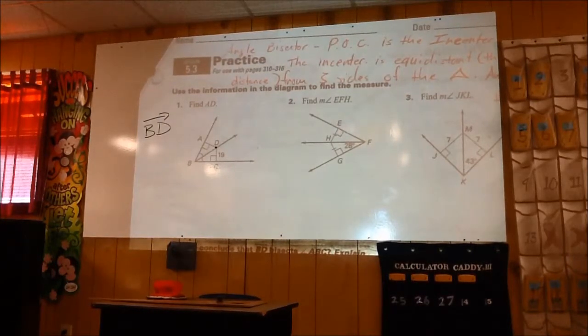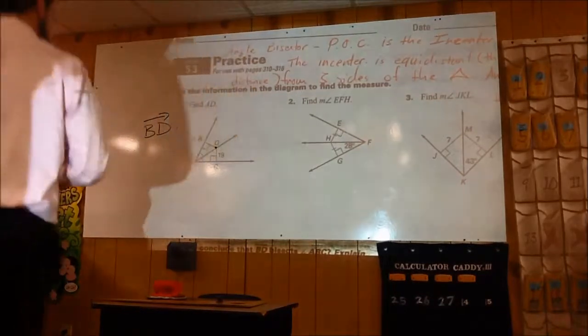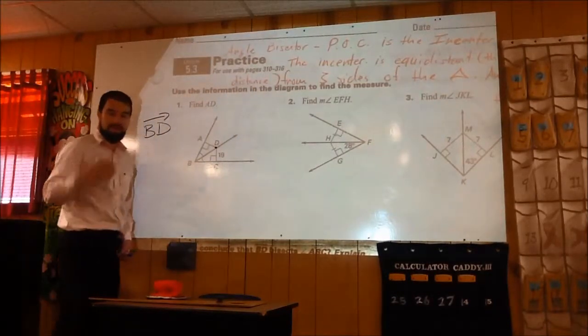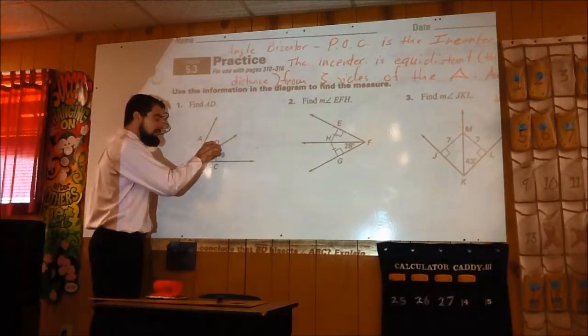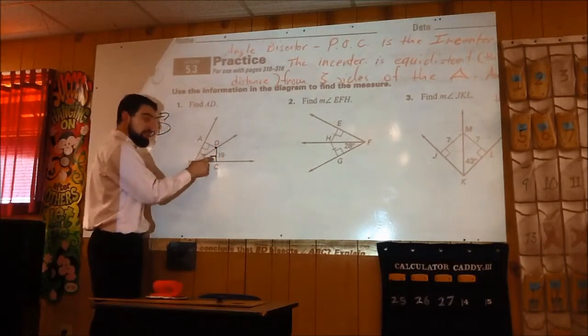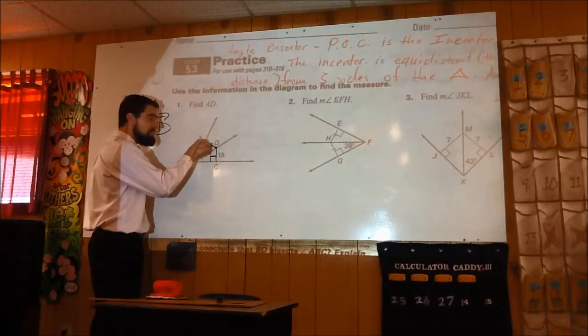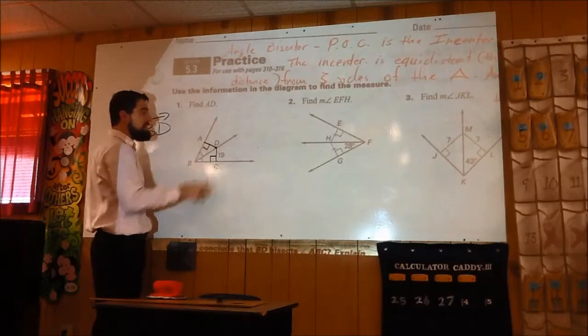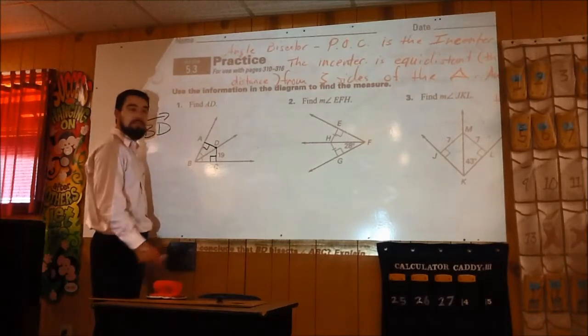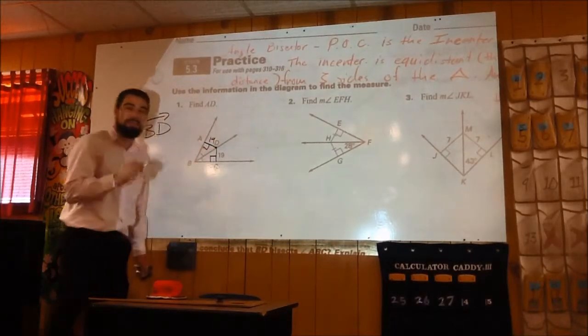It's equidistant to the sides of the angle. Thank you, Sam. It's equidistant from the sides of the angle, meaning the perpendicular distance, which they have told us, so we're good. So what's the length of AD? 19. Because it's equidistant, the same distance away.